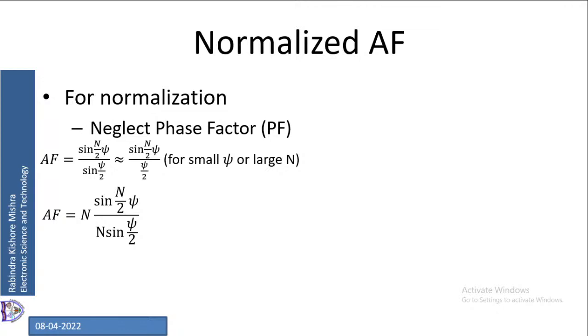Then we can also say that the array factor is equal to, multiplying n in the numerator and denominator, n sin(n psi by 2) divided by n sin(psi by 2).